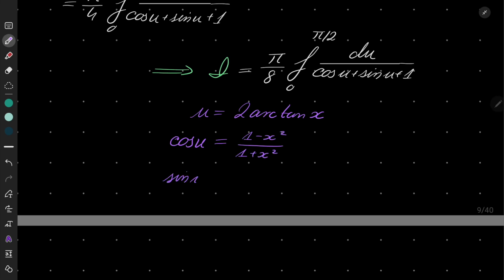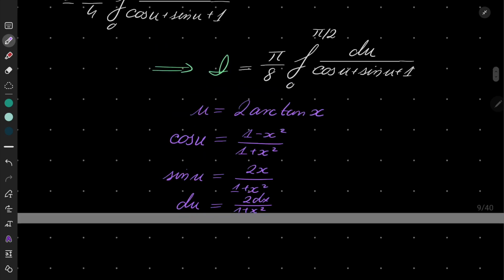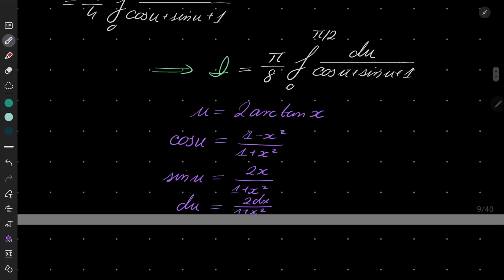Sine can be expressed as 2x over (1 plus x squared), and finally du can be expressed as 2 times dx over (1 plus x squared). What about the bounds of integration? Well, since u goes from 0 to pi over 2, x goes from where?